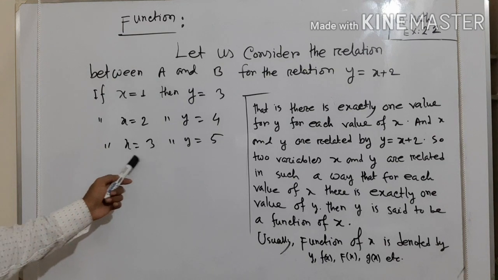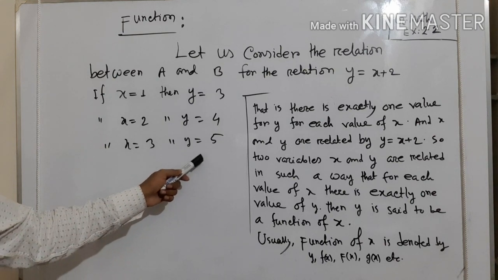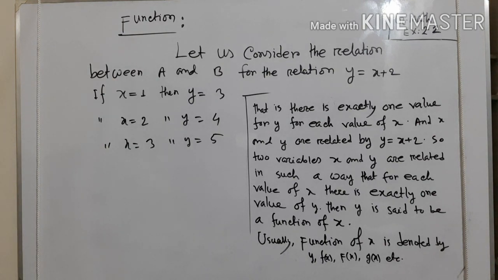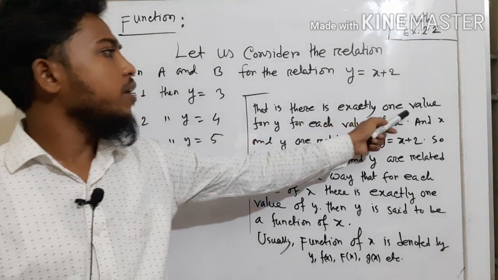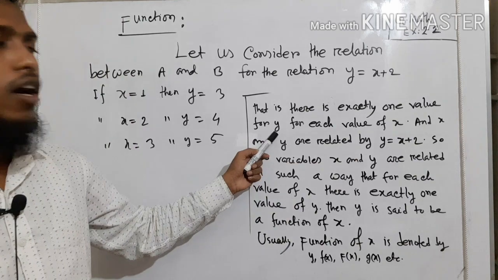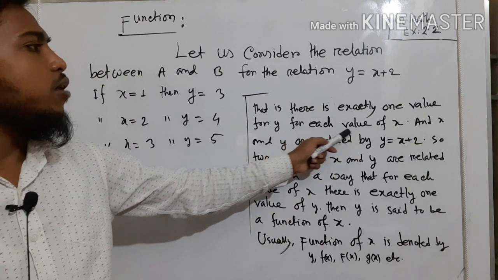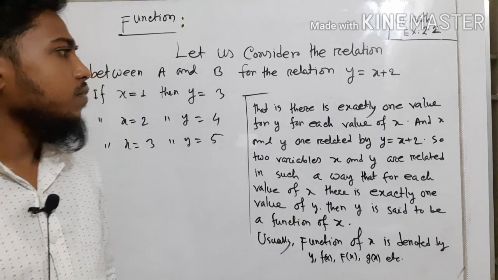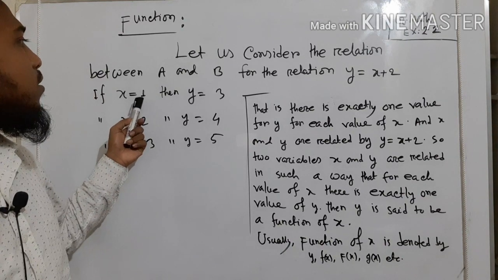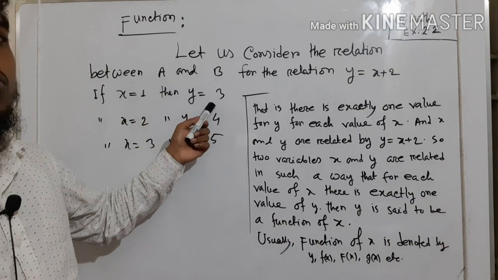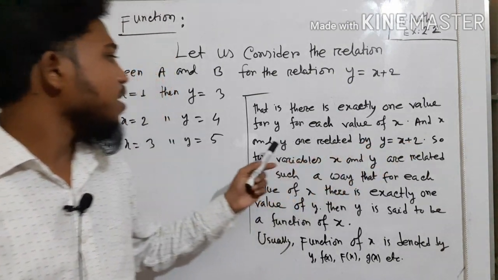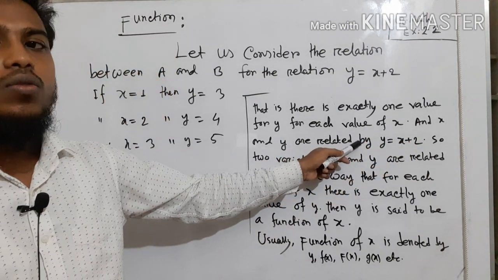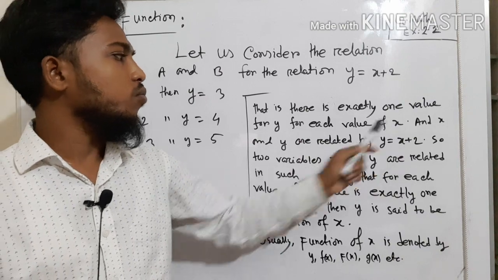And if we put x equal to 3, then y equal to 5. That is, there is exactly one value of y for each value of x. If we put x equal to 1, then our output value is y equal to 3, and x and y are related by y equal to x plus 2.